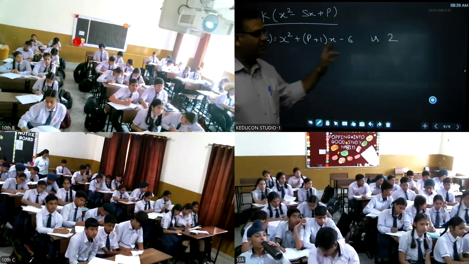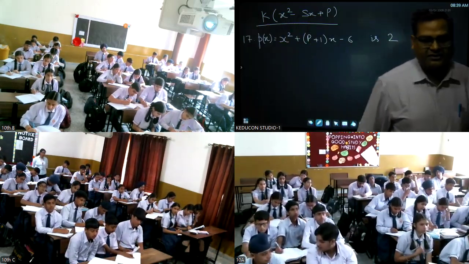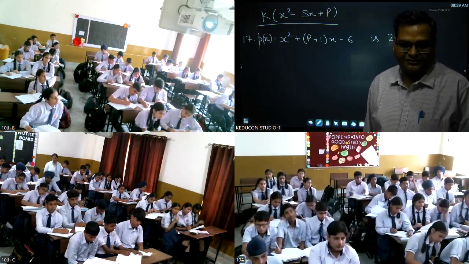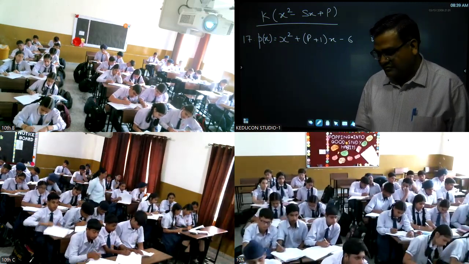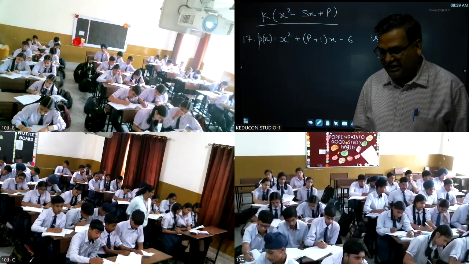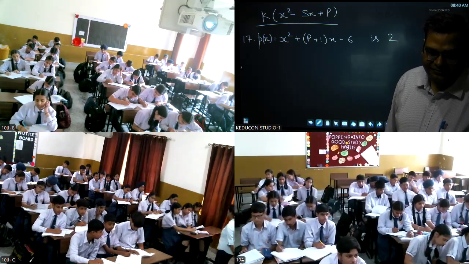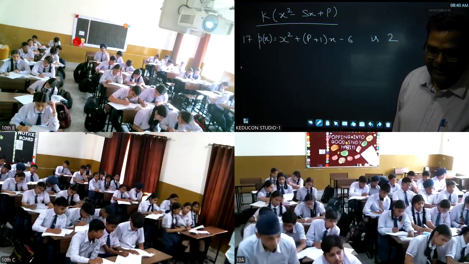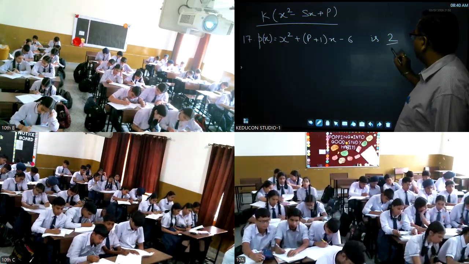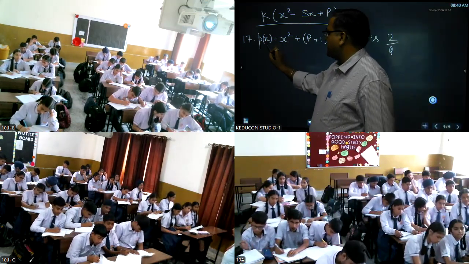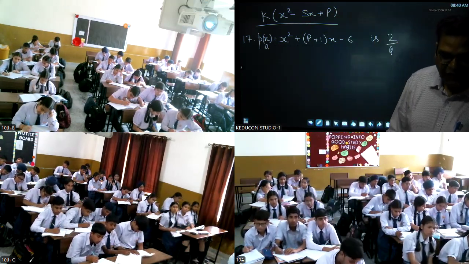Just put this 2 in this polynomial and make it equal to 0, and find out the value of p. अच्छा, अभी हमने जो 15th क्वेश्चन किया है, उसका जो रीजन पार्ट है, उसकी एप्लीकेशन है ये क्वेश्चन. If x minus a is a factor of p(x), then p(a) equals 0. Here this is a, so this is p(x). Put here a, and make it equal to 0. You will get the value of p.